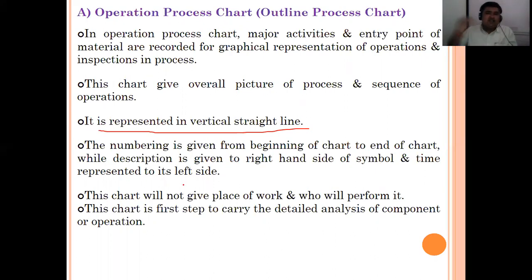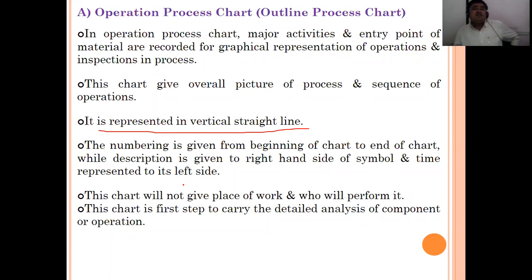Whatever the first operation may be, from the first operation to the last final operation, numbering is given. So the operations, let's say cutting, facing, turning, step turning, drilling, turning, threading, whatever may be there, for each operation we have to give the sequence numbering 1, 2, 3, 4, 5 like this.